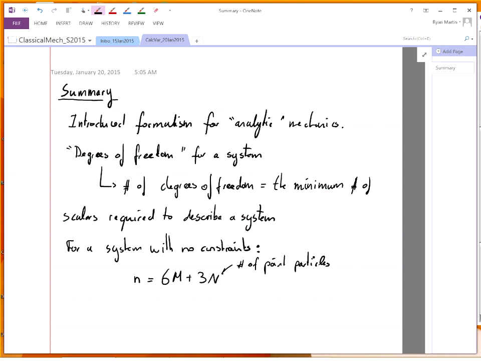So we describe its state by describing its position, and you can always think of things in Cartesian space. For a particle, you need 3 numbers to specify the position of the particle in 3-dimensional Cartesian space.